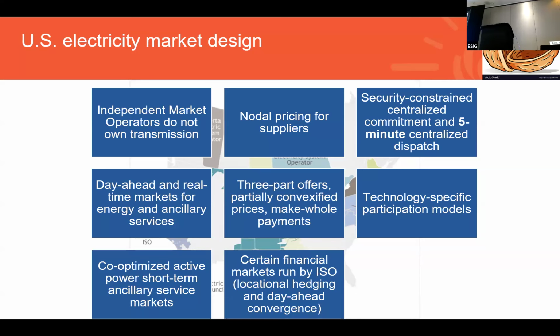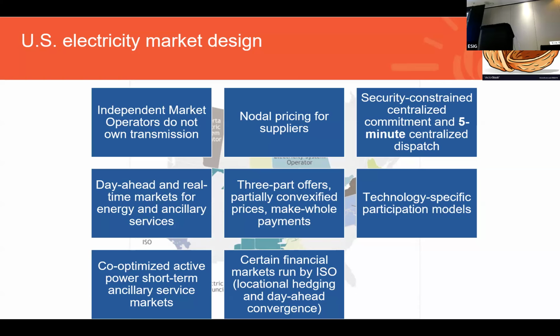As Yonghong had been mentioning around the transmission rights, all of the ISOs also operate financial markets. This includes markets for locational price hedging, so financial transmission rights markets, transmission congestion rights, congestion revenue rights.